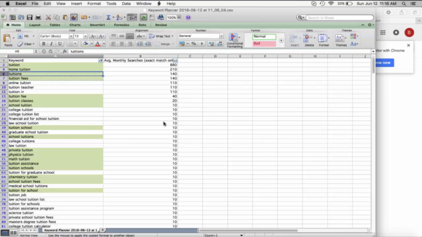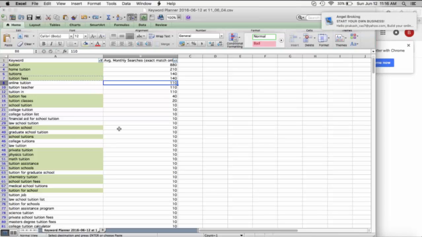All right, so Rikin says it shows zero search for certain keywords. Yes, so though the search is zero, that doesn't mean that people are not searching. I mean, the numbers out here are the average monthly searches. Imagine if you're targeting a B2B segment, even 10 searches would make more sense.